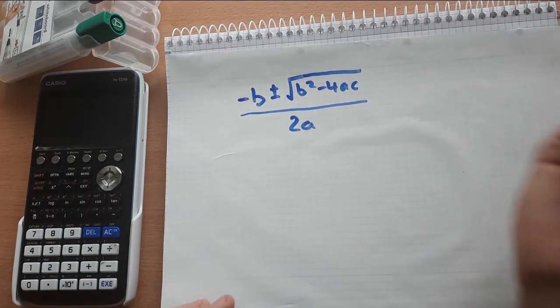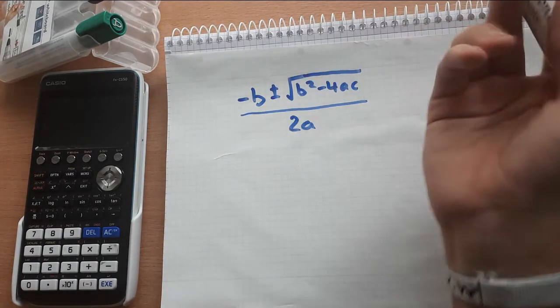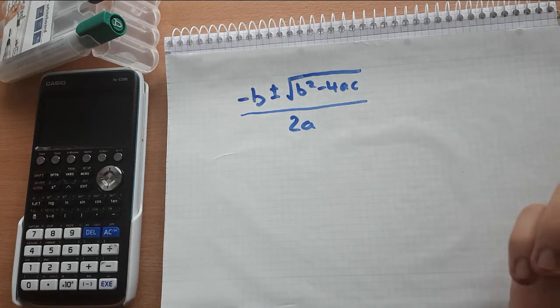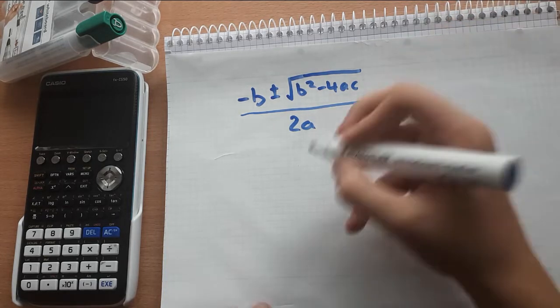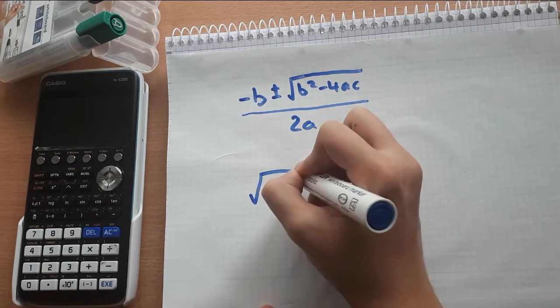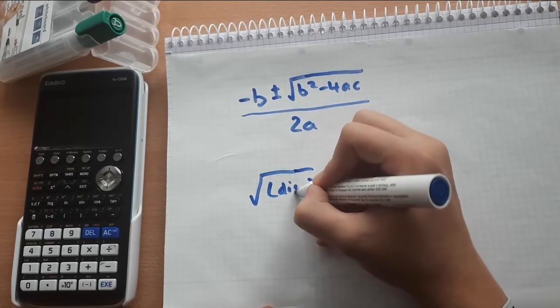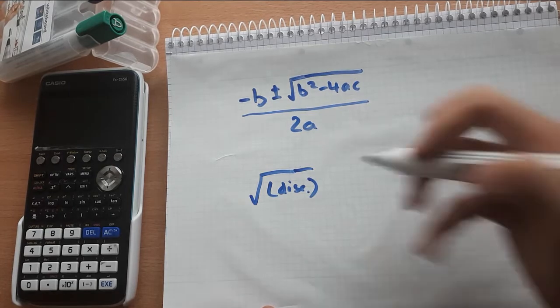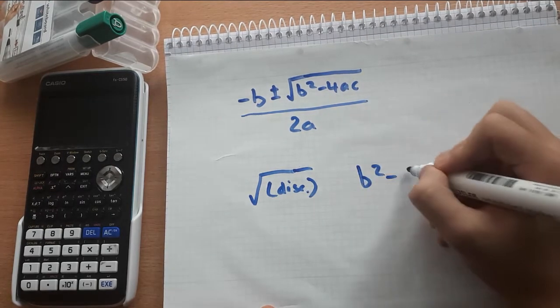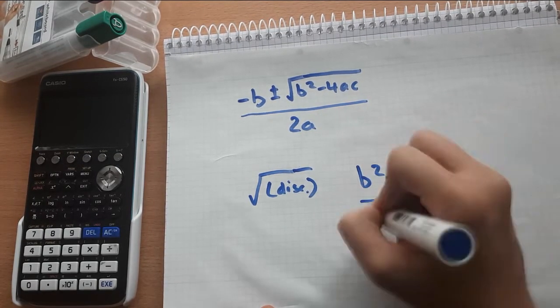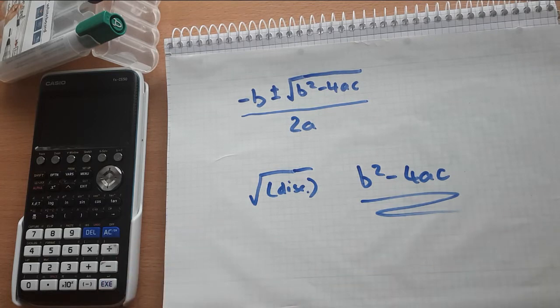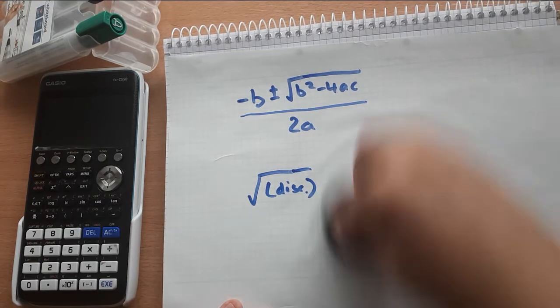The part of this formula which determines whether your curve is going to be solvable or not is called the discriminant, and it is the bit inside the square root. That is the discriminant there. So that is b squared minus 4ac. That is the part we're going to be looking at quite a lot in doing these questions.